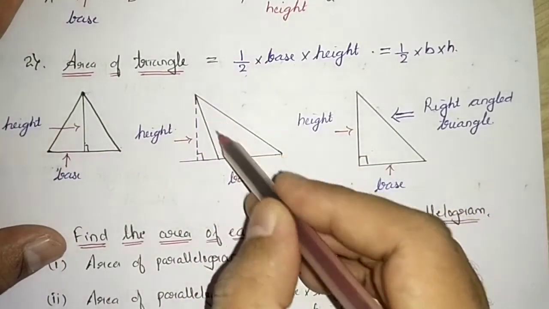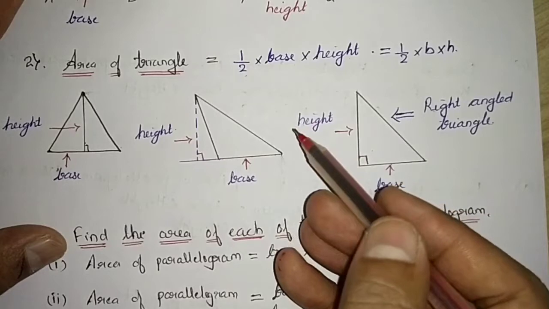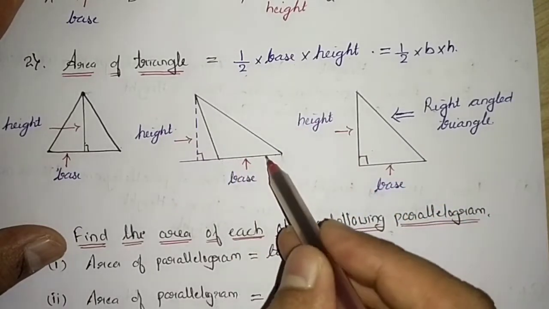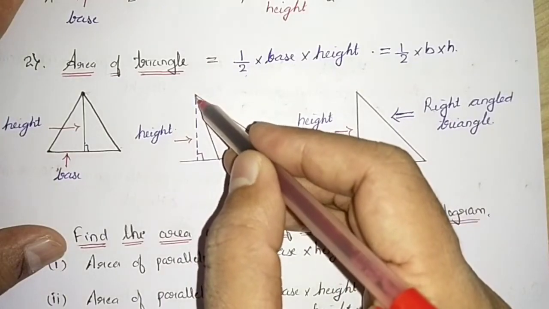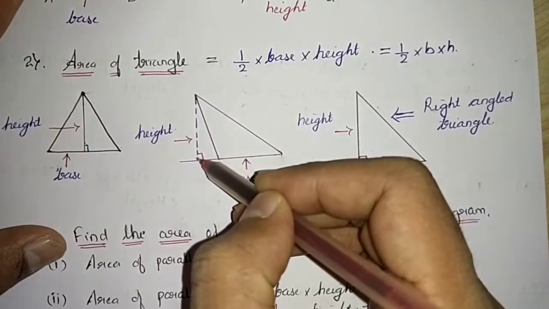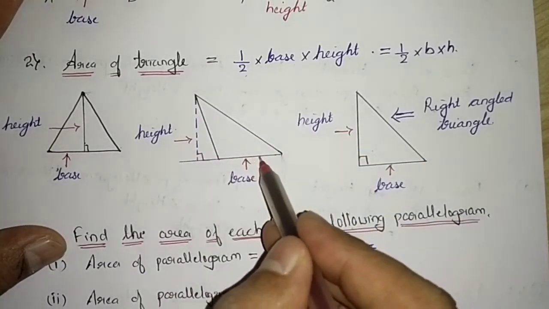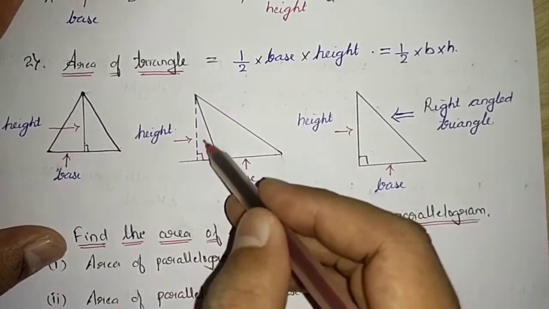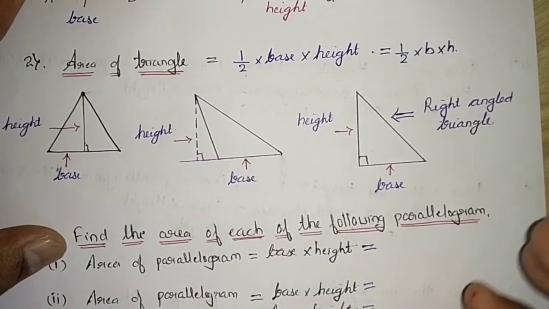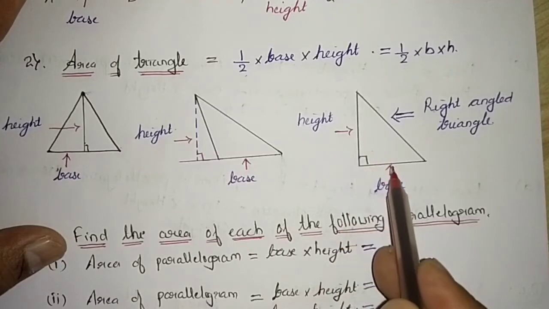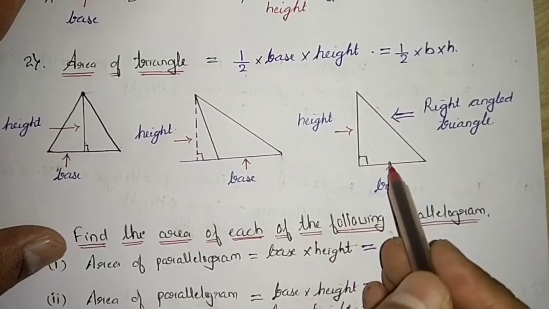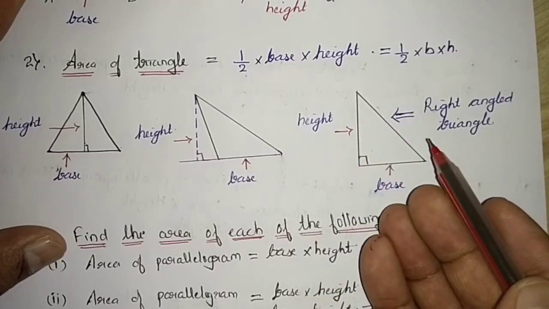If the triangle is obtuse, then also the same will apply. If we choose this base, then from the opposite vertex, one perpendicular is dropped on the extended base, that is known as height. If it is a right angled triangle, then either of the sides, not the hypotenuse, this or this can be the base.